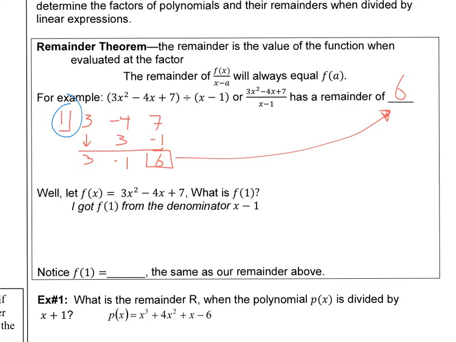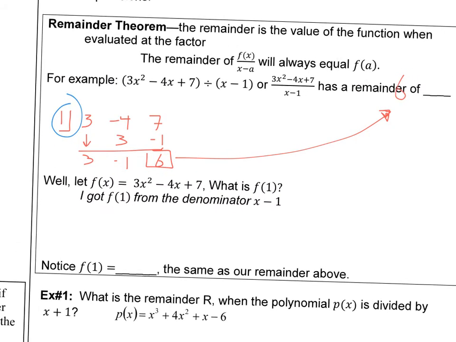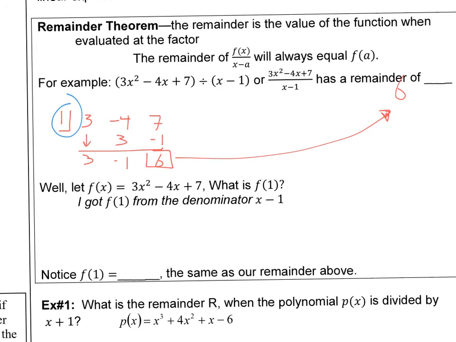Well, let's do it down below, and we're going to see it's pretty interesting what happens here. Let's do it in blue. I want to find out what f of 1 is. That equals 3 times 1 squared minus 4 times 1 plus 7.